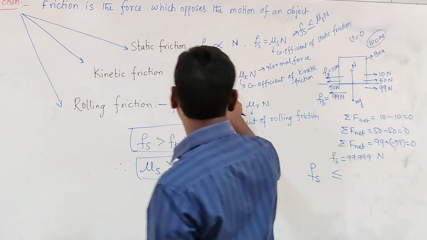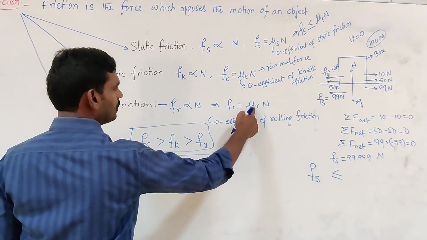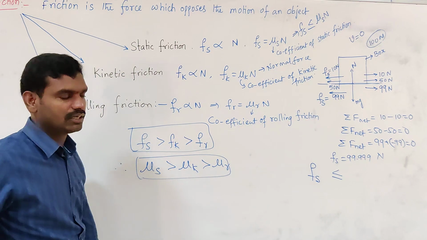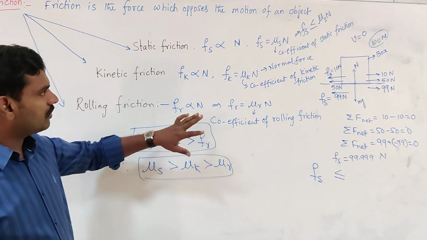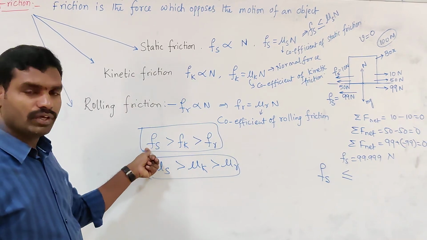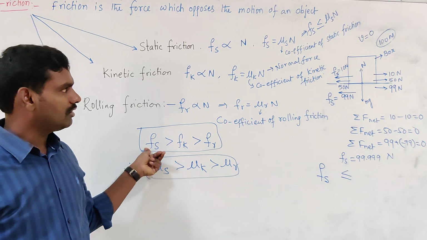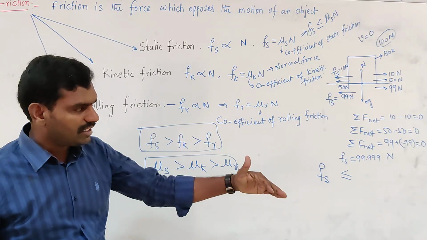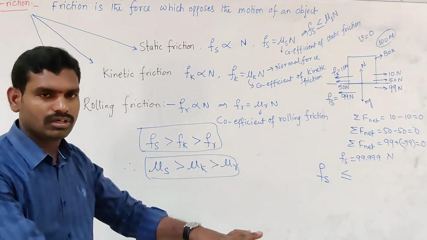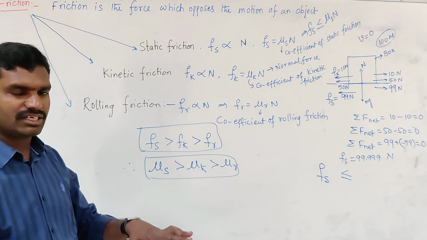Okay, and Fk equals mu k N and Fr equals mu r N, where mu r is nothing but the coefficient of rolling friction and N is the normal force. And the final conclusions are: for static friction, we need a large amount of force to put the body in motion. That means static friction is greater. Once the body is in motion, we require only a smaller amount of force to keep the body in motion, so kinetic friction is less than static friction.